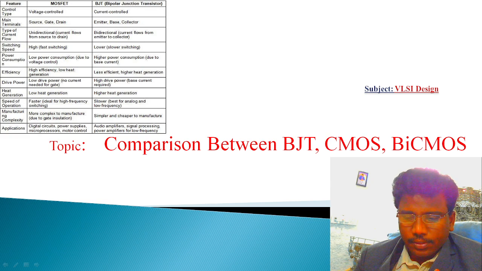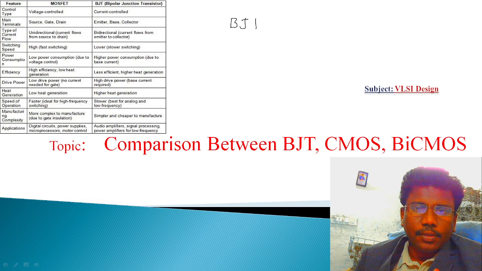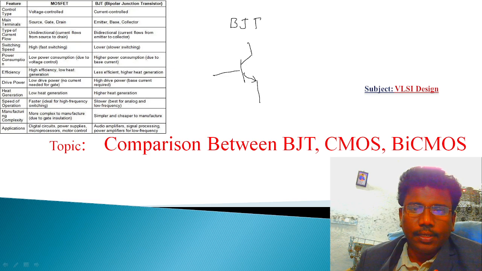We know the BJT, bipolar technology, bipolar transistor symbol. If you go for a bipolar transistor, it has emitter, base, collector.